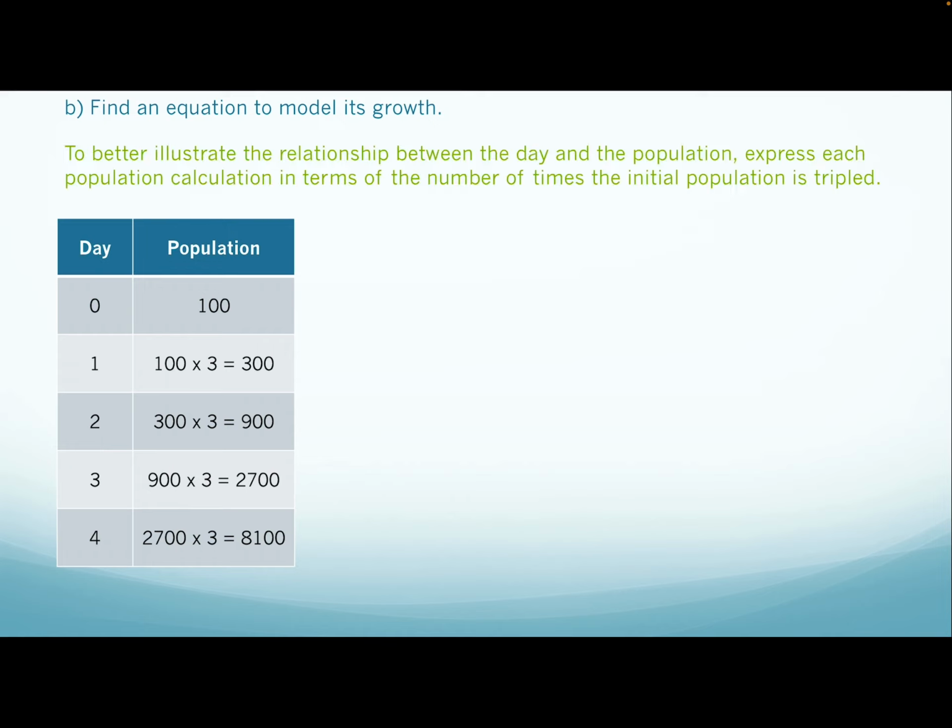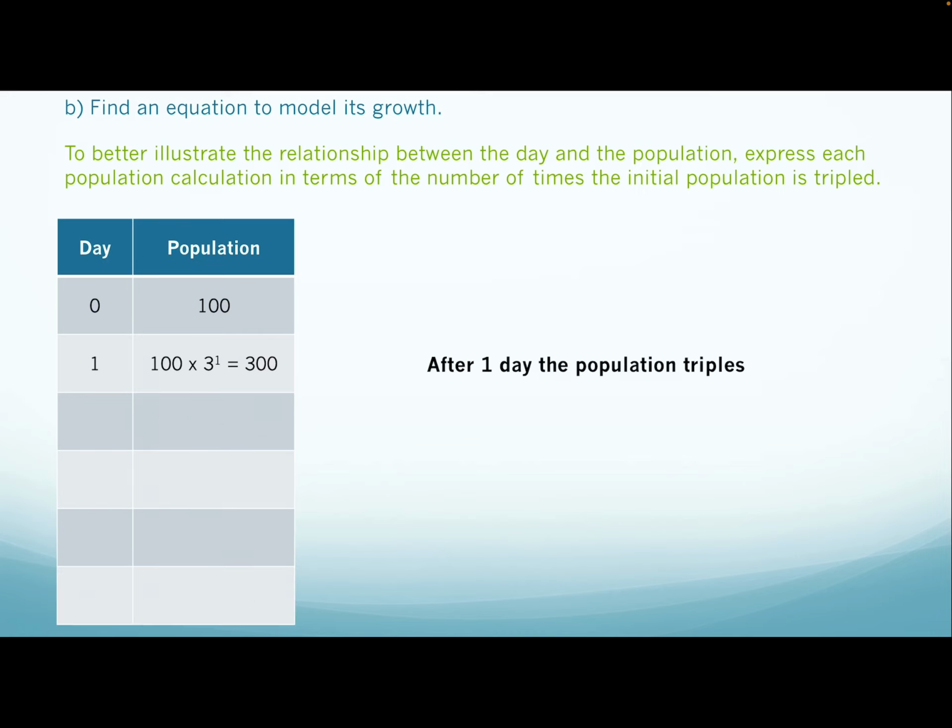Okay, an easy way to do this is to actually look at that data table in a little bit of a different way. So I said here, to better illustrate the relationship between the day and the population, express each population calculation in terms of the number of times the initial population is tripled.